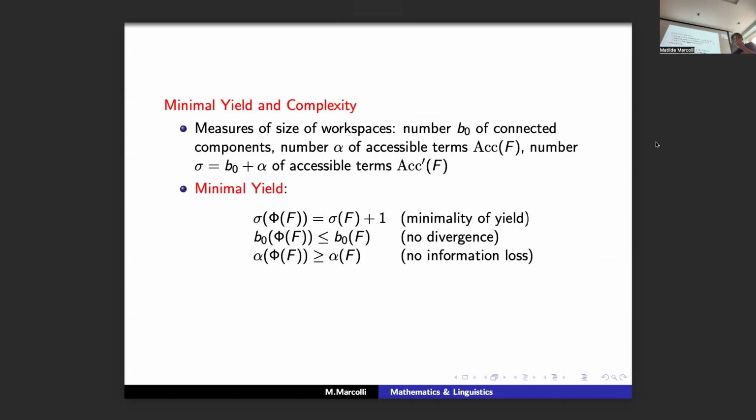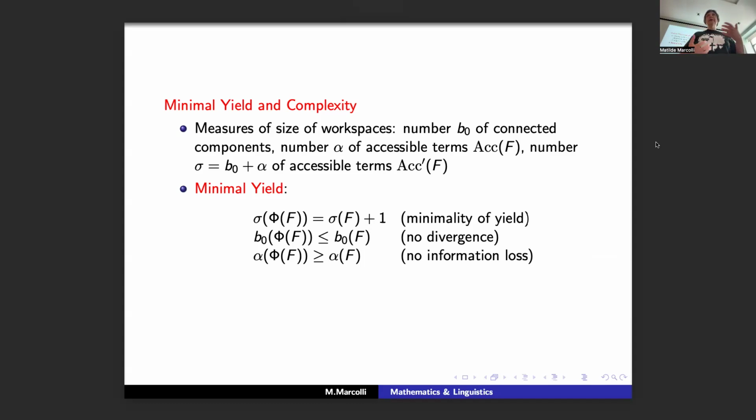As I said, there's another way in which one can think about differentiating between these various types of merge operations, by putting in some constraints of some form. This is based on trying to identify what properties of the workspace change when you apply one of these merge operations. For example, if I do external merge, clearly the number of connected components of the workspace goes down because two components are merged together as one.